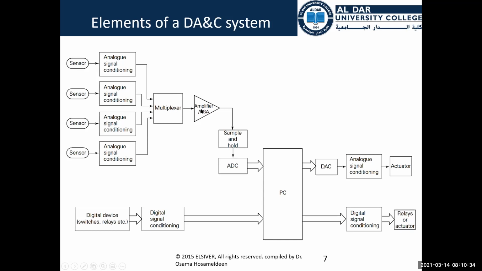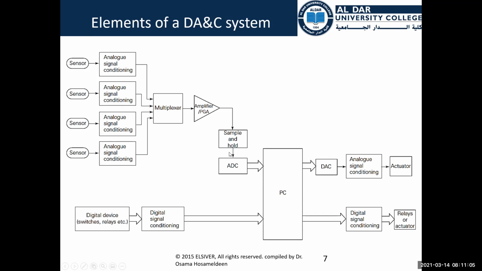Then the output is passed to the amplifier for possible amplification of the signal. And the signal is passed to a unit called sample and hold. This sample and hold is very important. It works like a buffer and takes samples, sampling just to represent the data.